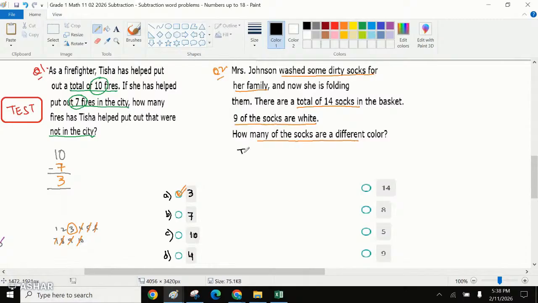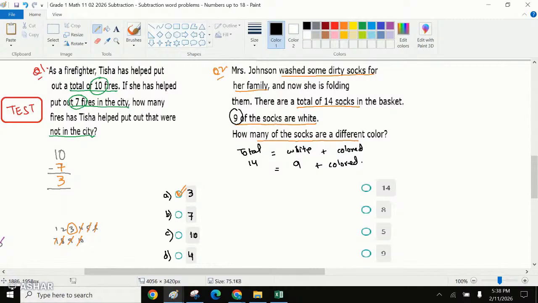So if we say total was 14 socks, right? Some of them were white, and what is not white? That is colored. Agreed? So we know that 9 of the socks were white. We need to find the colored socks. Perfect.